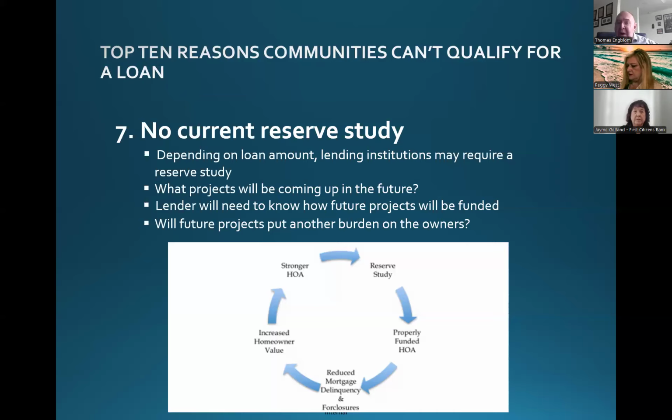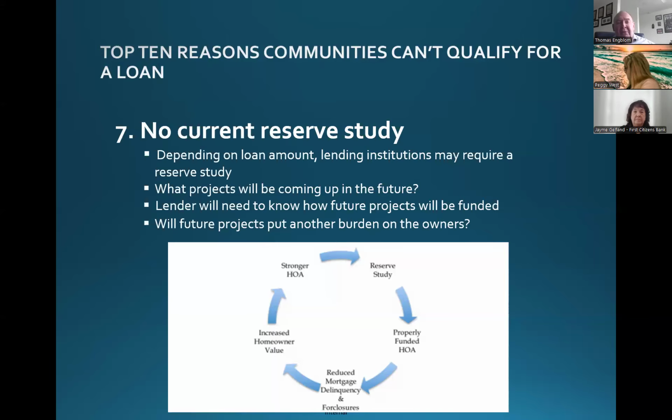They want to know what additional items you're going to have to pay off or complete between now and the payoff of the loan. So if you get a 15-year loan and you need a new roof in 10 years, are you funding for that? And the bank may require you to increase your assessments and or special.